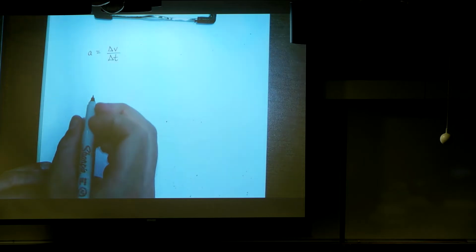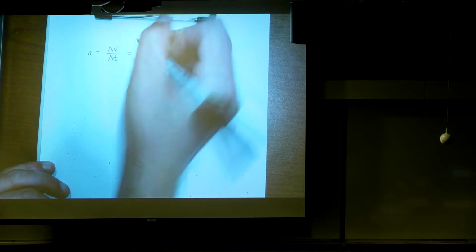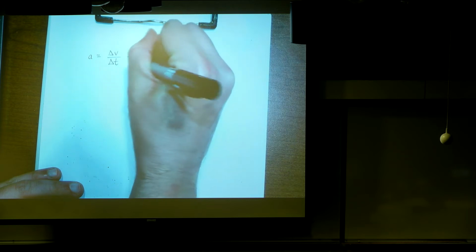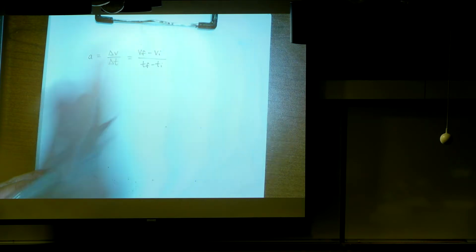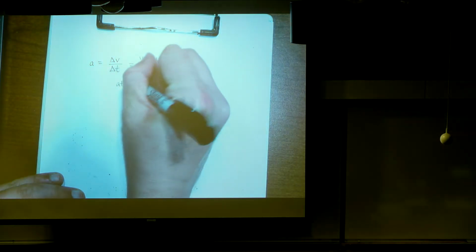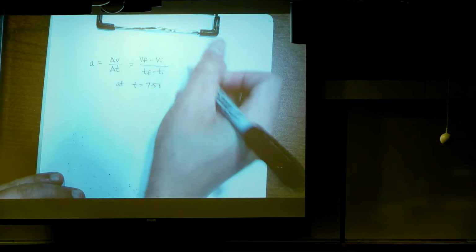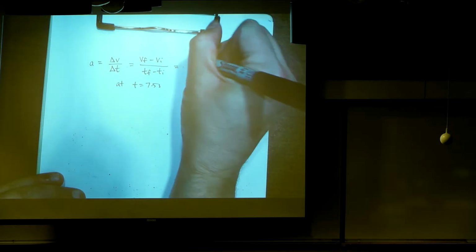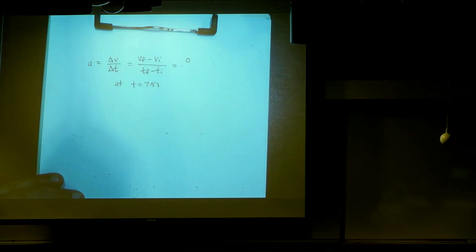a is equal to delta v over delta t. So if we're doing this, we can think of it as v final minus v initial divided by t final minus t initial, okay? So at t equals 7.5 seconds, we're looking at that first line segment that slopes down. The v final was 0 because we went all the way to 0 velocity at the end of that time interval.